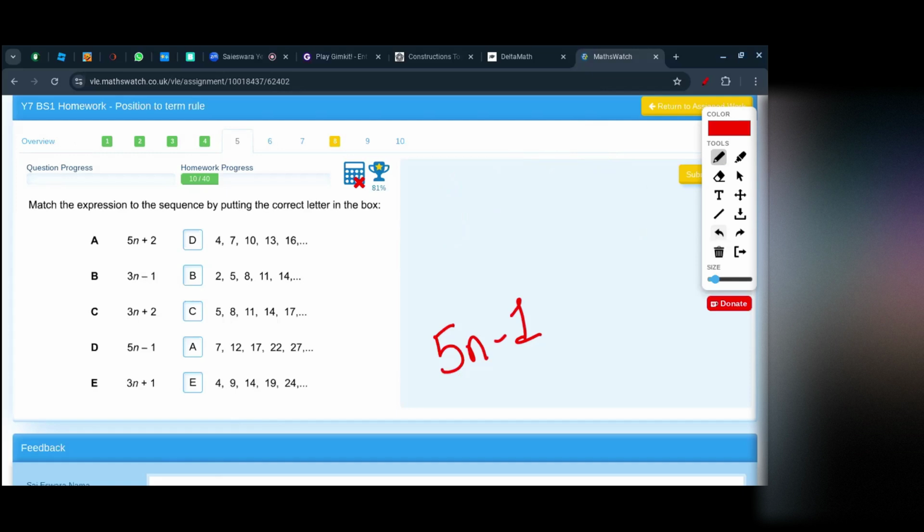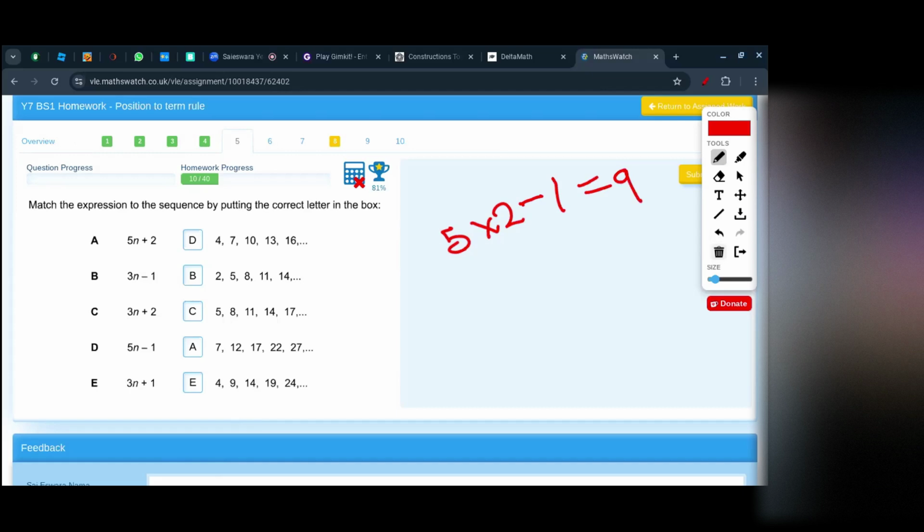When they are written together, that means it's multiplication. So it's 5 times n. So 5 times 2 equals 10 minus 1, which is 9.